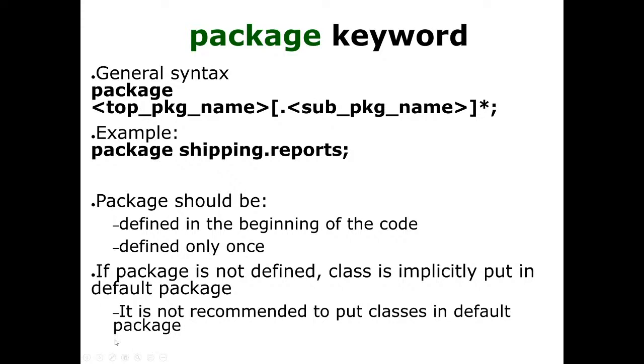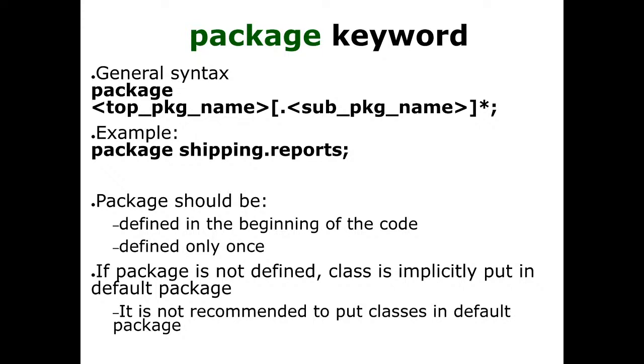Pretty straightforward. And of course, it is not recommended to put classes in the default package, because in theory that can create some mess. If there are so many different classes in the default package, it doesn't really make sense.